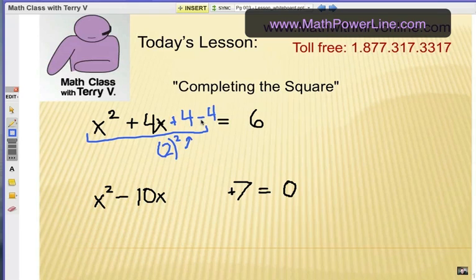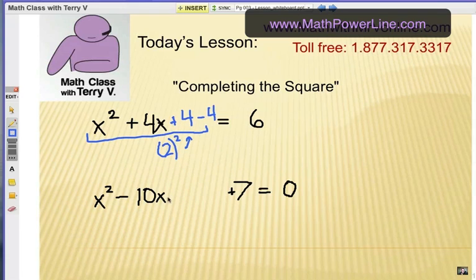We don't want to change the equation, we just want to change the way it looks. So if you complete the square and add a number to the same side of the equal sign, make sure it's the opposite. The 4 there makes my trinomial possible, but don't forget to subtract 4 on the same side.